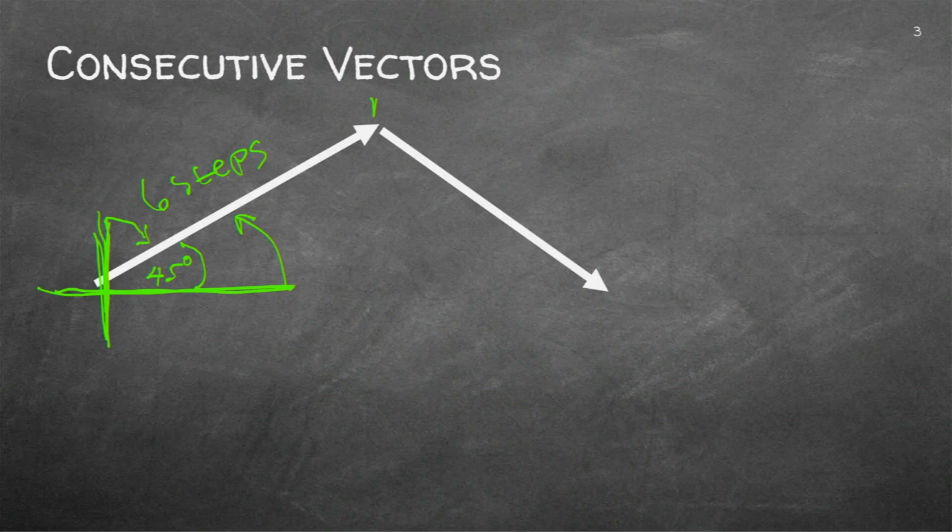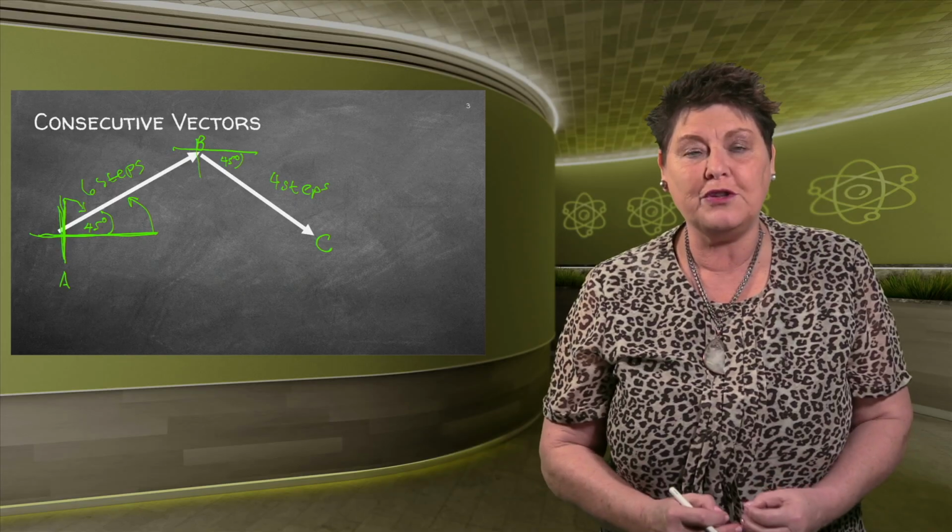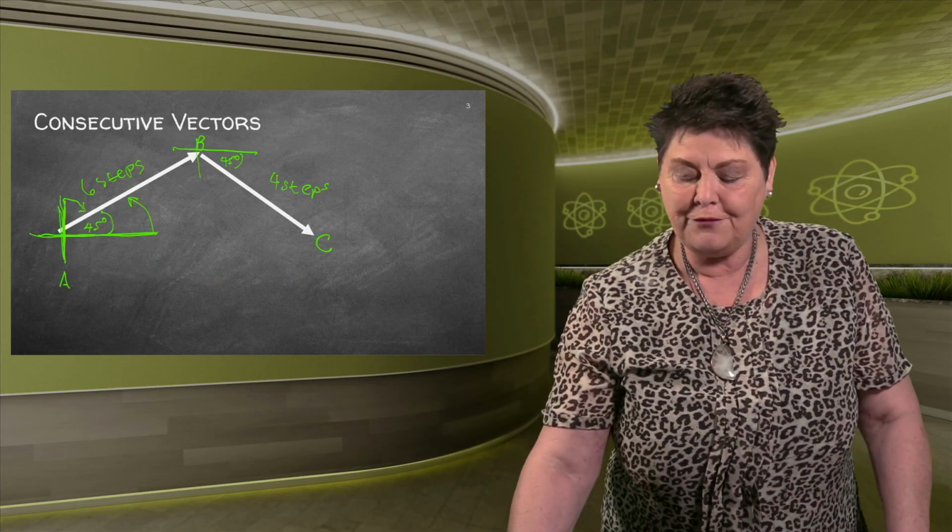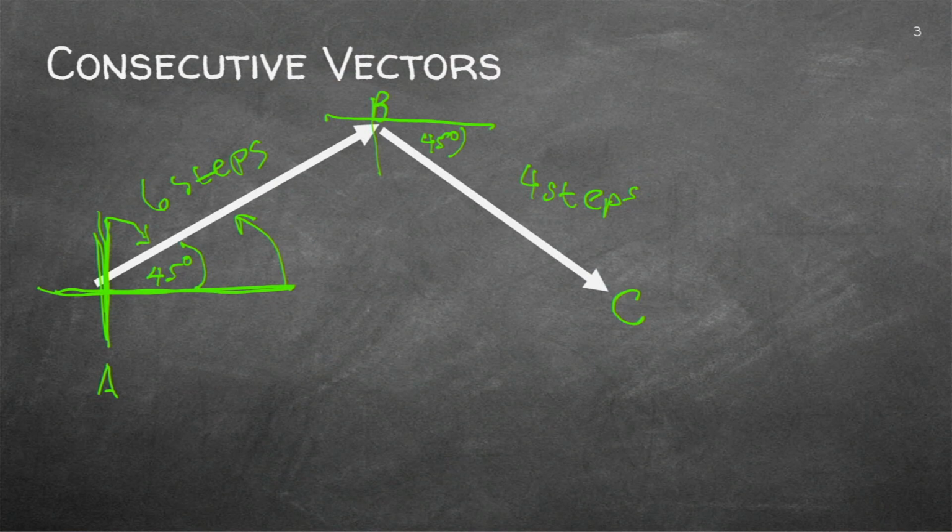Now, let's say this is point B, and I started with point A. I then turn and I walk another 4 steps in a 45-degree angle, and I now get to point C. The number of steps and the degrees are not that important for this example, but the fact that we want to find the resultant.